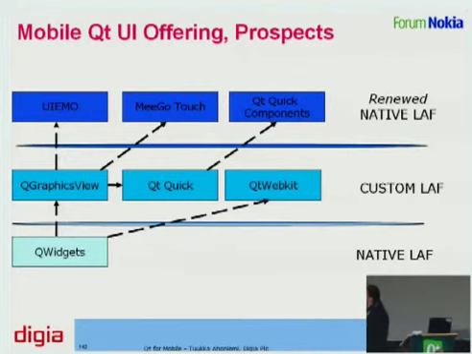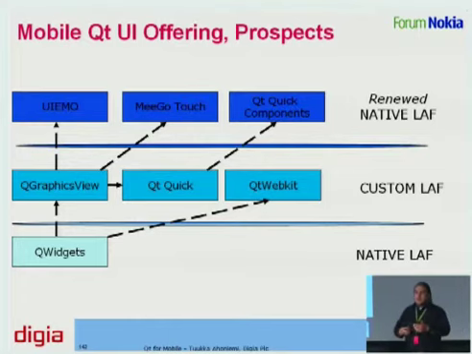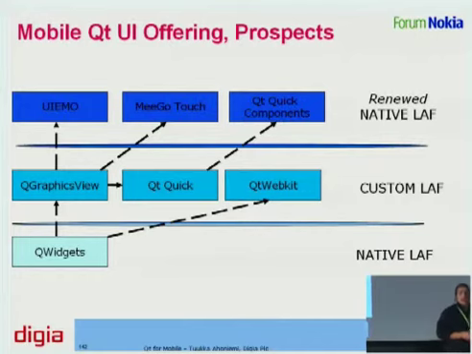Qt Quick Components is also something that's coming. You saw me doing one Qt Quick component, the button. So there's going to be a set of components distributed for you to use if you want to use Qt Quick.